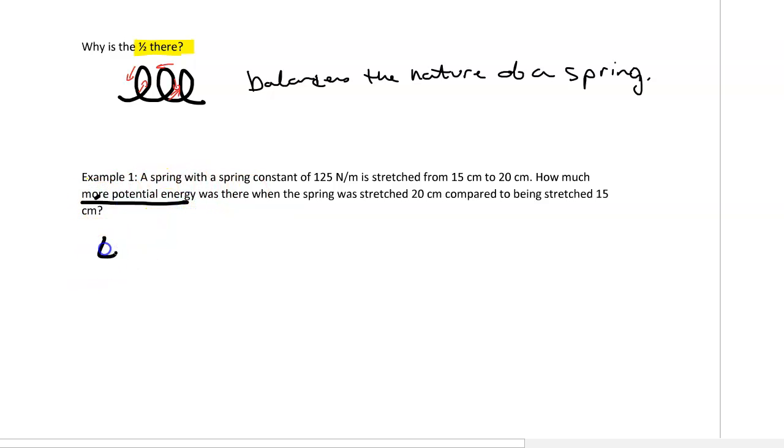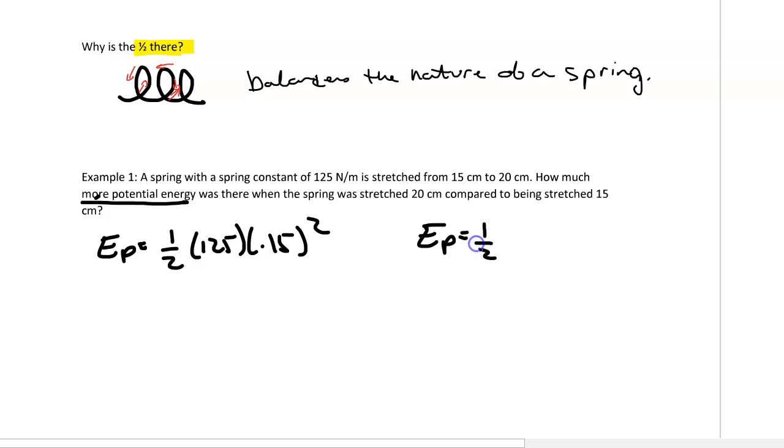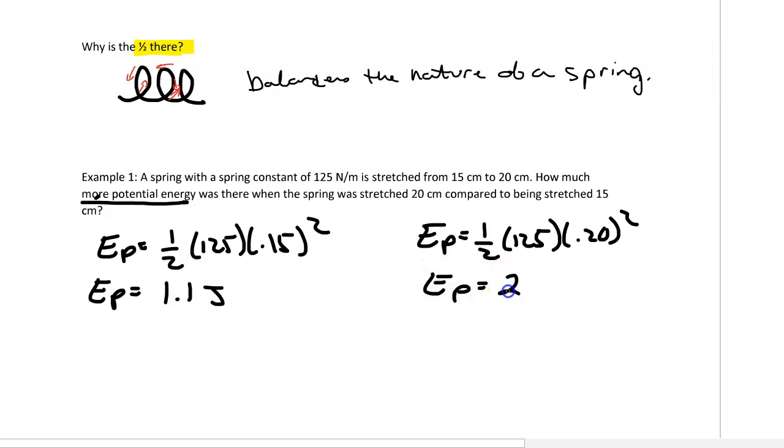So we're going to find the potential energy at 15 and at 20 in order to find the difference. When you calculate this here, this is 1.1 joules. When you calculate it at 0.2, you wind up with 2.5 joules.